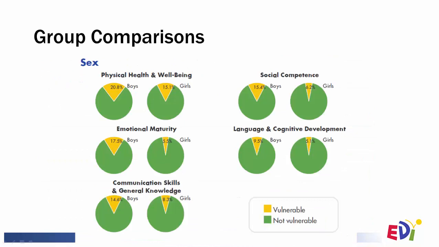One of the ways that we're able to disaggregate data is to look at the domains by age and by sex. As you can see here, generally, there are more boys than girls identified as vulnerable, especially in the emotional maturity and social competence domains, where the percent vulnerable for boys is around 3 times higher than for girls.